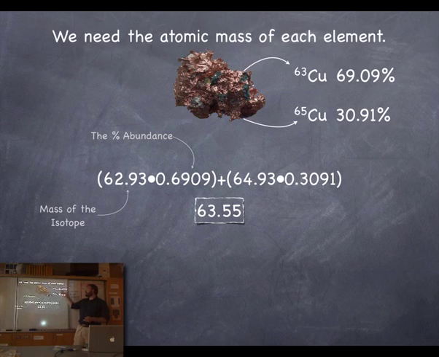That's all well and good. I can average these different values together. Now I can take a sample of raw copper, and I know on average what one atom of that copper weighs. There is no stable atom of copper that weighs this much. Remember, this is the average of looking at lots of copper atoms, or what we call the weighted average.